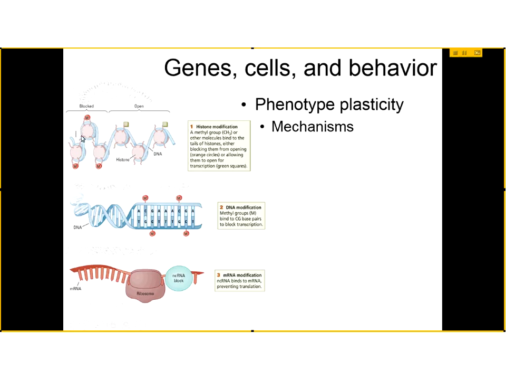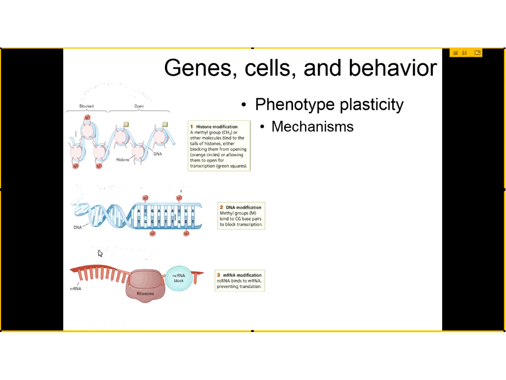Also, we know that once it becomes unwound from those histones, the DNA has to come apart for the messenger RNA to be built. Well, the methyl group can also attach directly to the DNA and prevent it from unwinding. So that's eliminating those base pairs from coming apart and producing the messenger RNA.